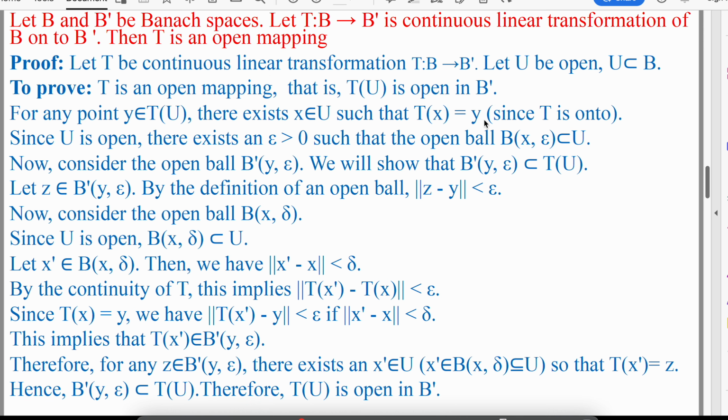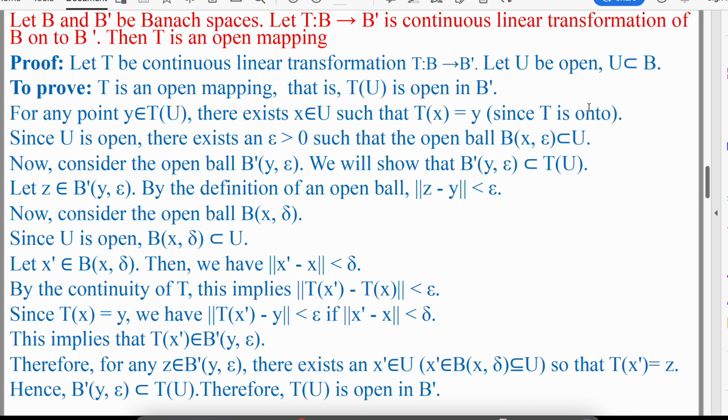Onto means every element in B dash has at least one pre-image in B. For every element Y belonging to TU, there always exists an element X belonging to U such that Tx equals Y. This is by the definition of onto.